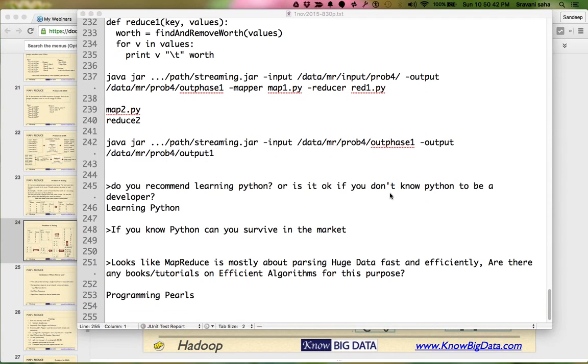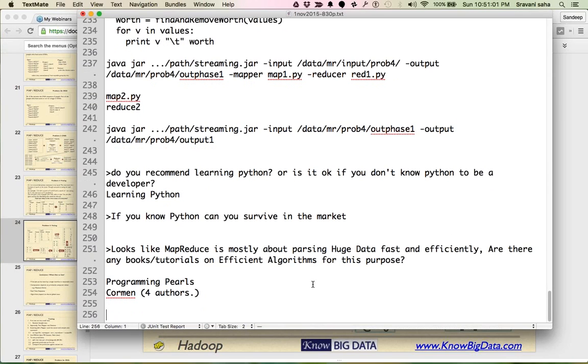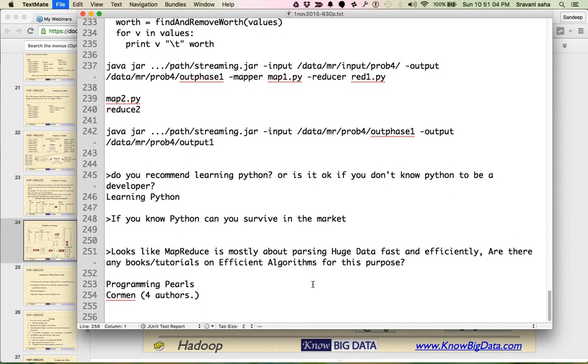It's not like Cormen. There is another book called Cormen, by three or four authors, but that's a little too big and not interesting enough. It doesn't talk too much about data.